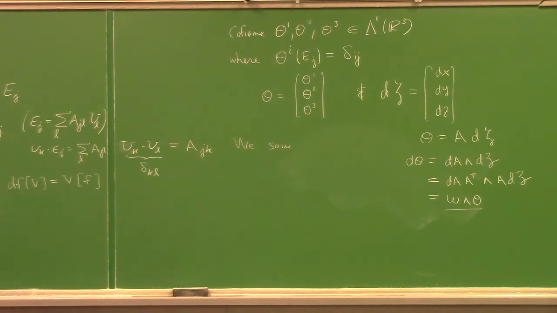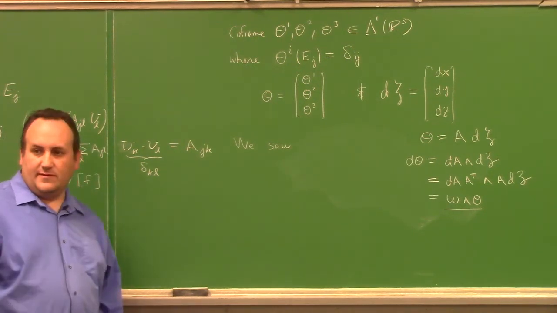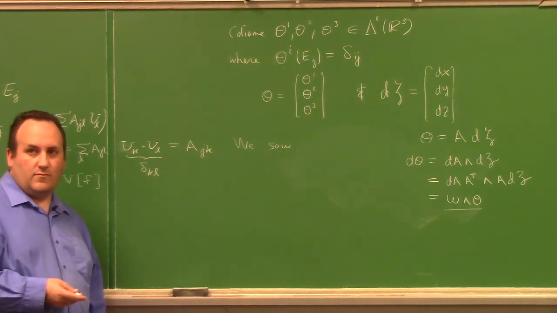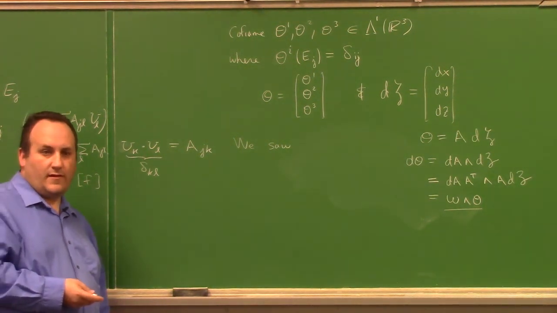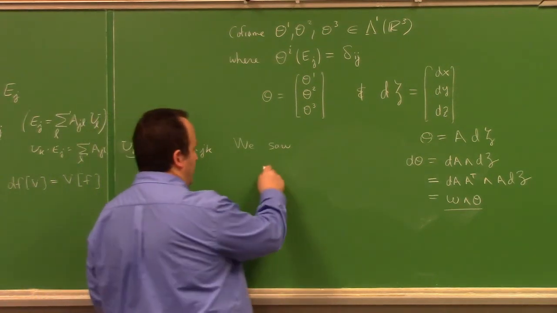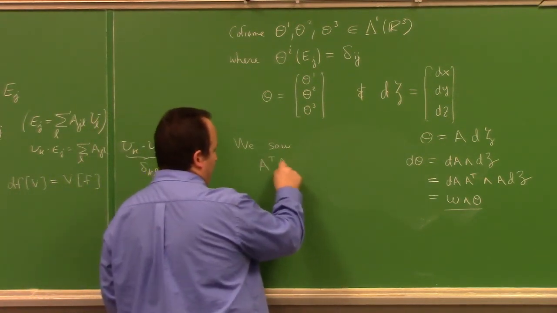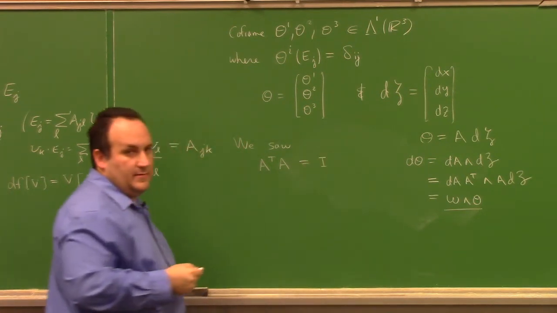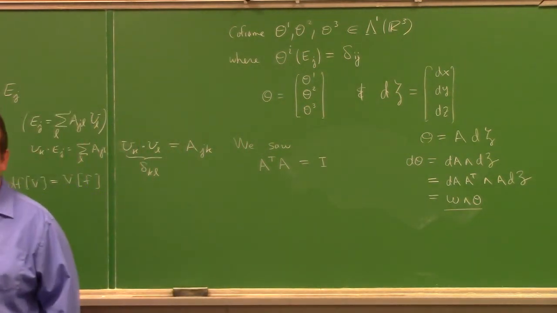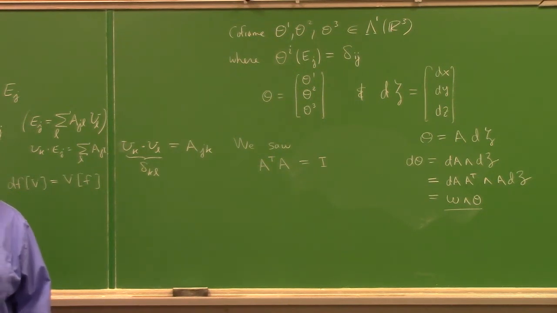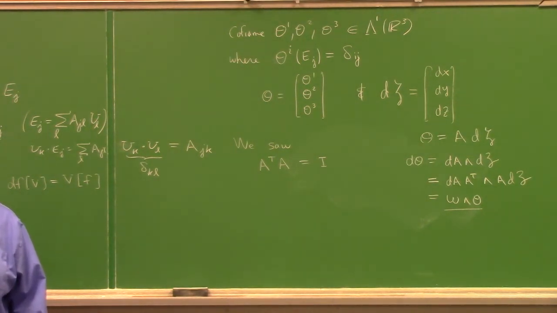But how did we get Cartan's second structure equation? Remember, we know A transpose A is equal to the identity for an orthogonal frame. And then take the exterior derivative of that. Remember, A is a matrix of functions here, typically. Now, in chapter 3, when we actually find A for a specific isometry or orthogonal transformation, there A is constant, so this stuff becomes really stupid in chapter 3.